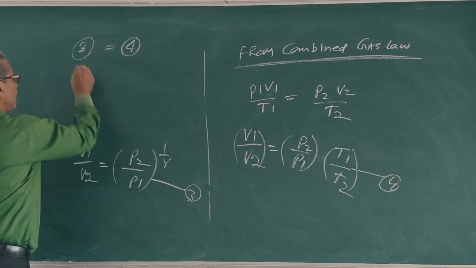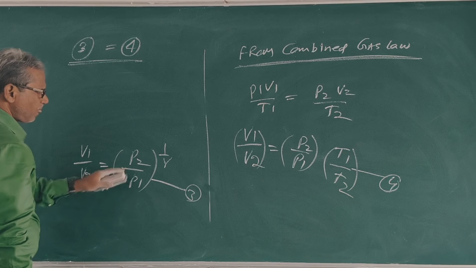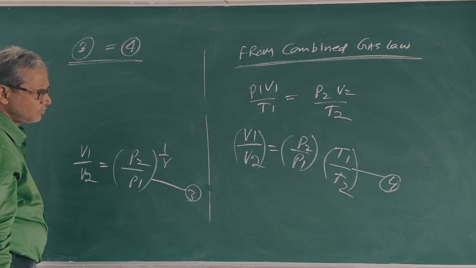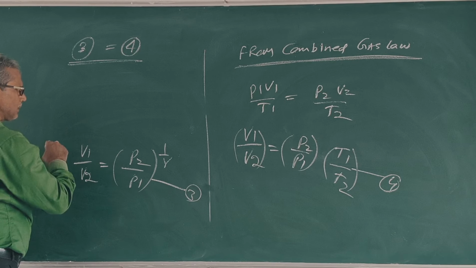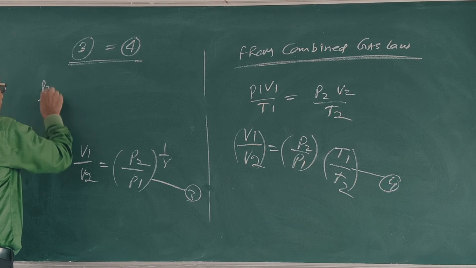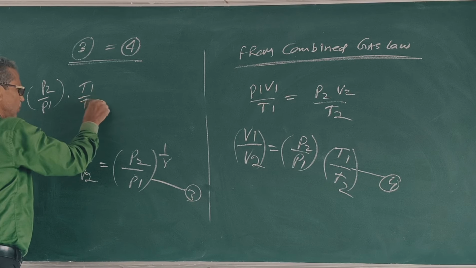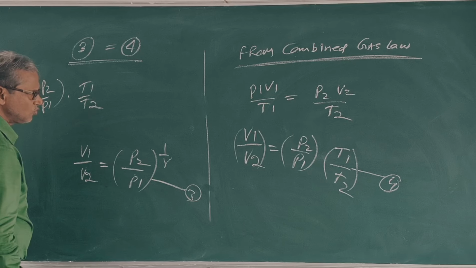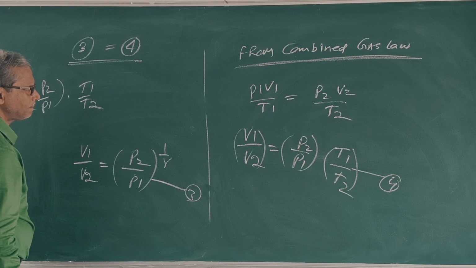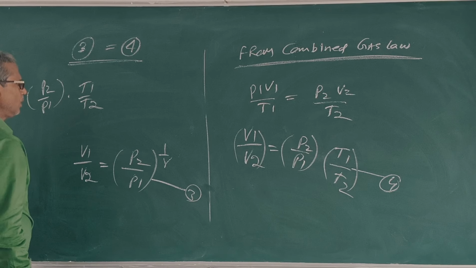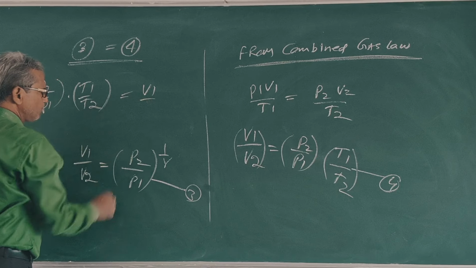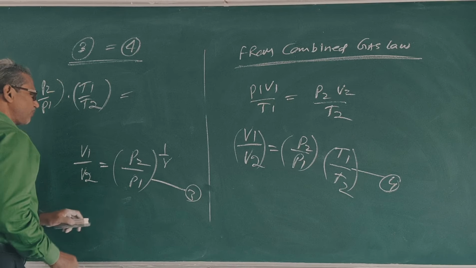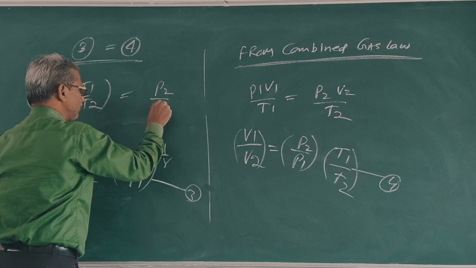So from equation 3 or from equation 4, T1 by T2 into P2 by P1 is equal to V1 by V2, which is equal to P2 by P1 to the power of 1 by gamma.